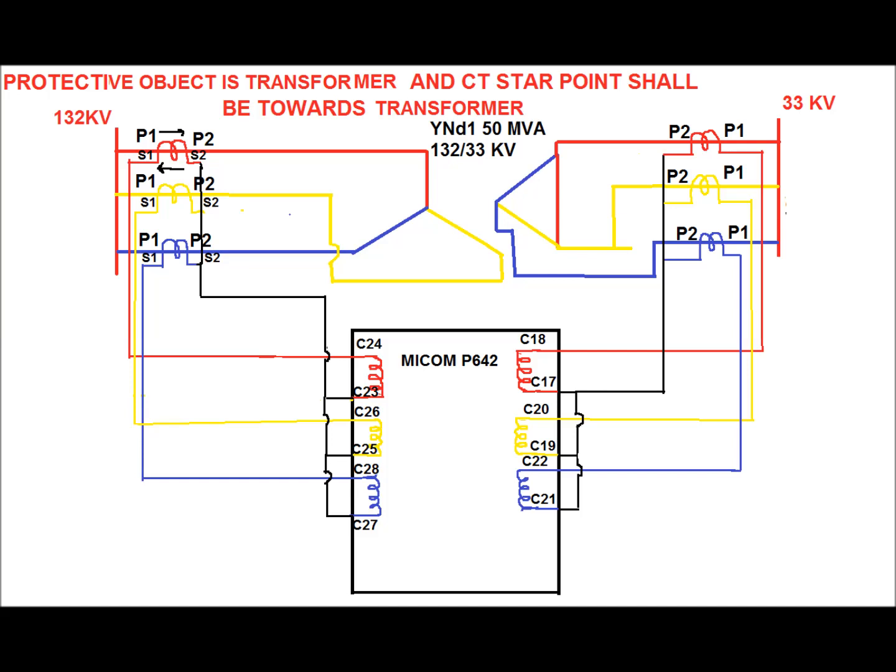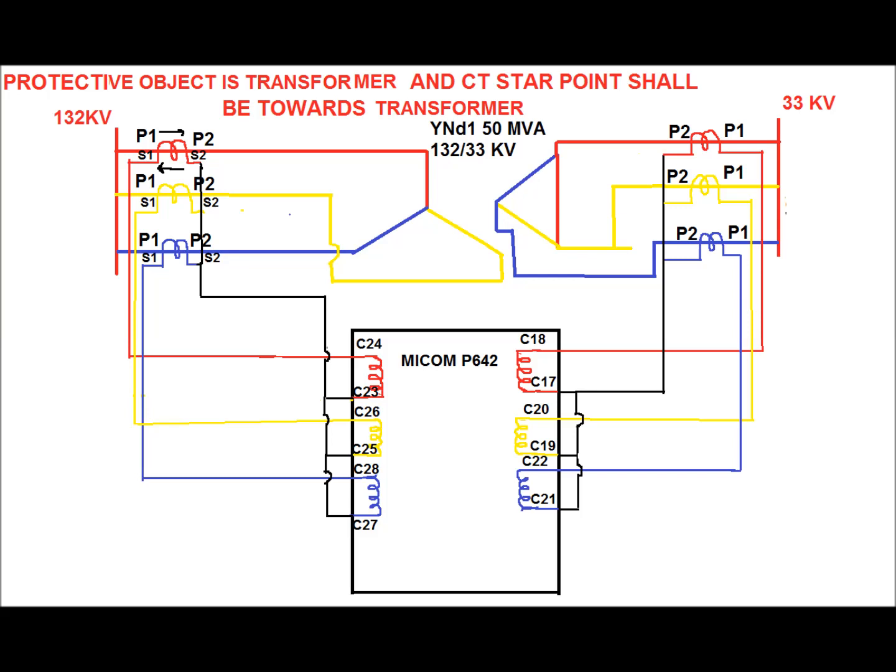C23, C25 and C27 are shorted together and the neutral is formed and taken back to all the S2 terminals of the CTJB of red phase, yellow phase and blue phase as shown in this figure.